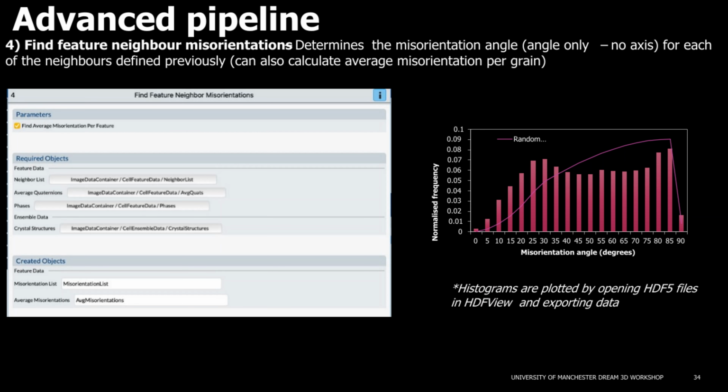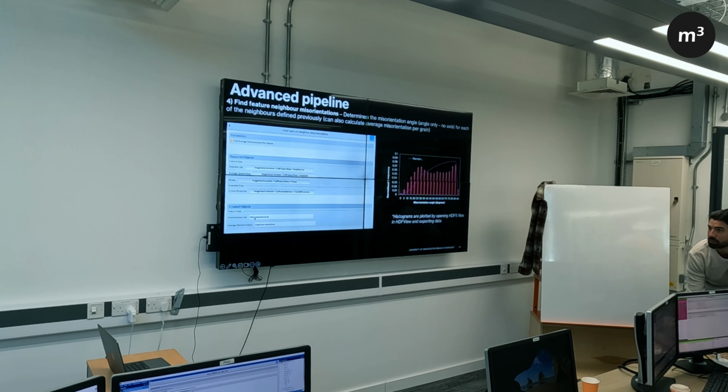Okay, so once you've done that, we can then find the misorientation of these features. So if you look, this is the filter find feature neighbour misorientations. You can see it takes your neighbour list and your orientations and your crystal structures, and calculates your misorientation and your average misorientation. So your misorientation list is a list of all the misorientation angles between that feature and all the neighbouring features.